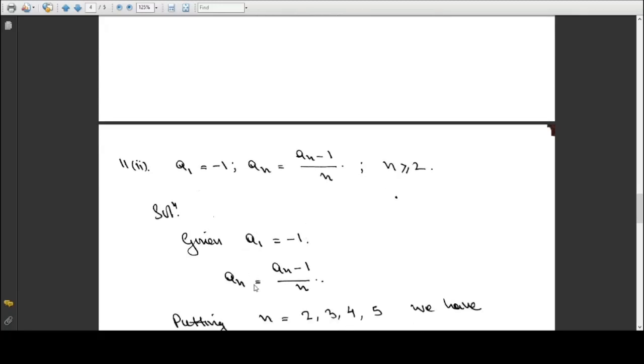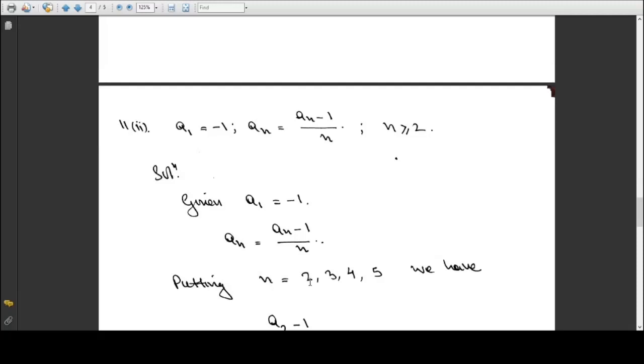Now putting n equal 2, 3, 4, 5, because we need 5 terms. a1 is given. The first term is given, and the other 4 terms we can find out from here using a1.